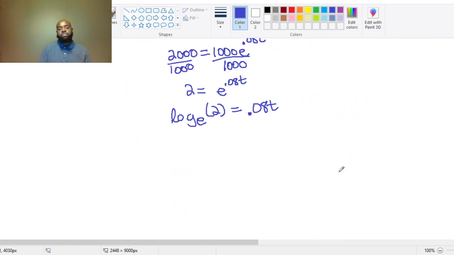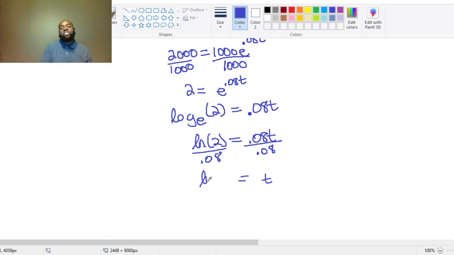So I did the log base e of 2, because that's what your exponential expression to a power equals, and that logarithmic expression is going to equal your exponent. Now we know that log base e is the natural log function. We can divide both sides by 0.08, and so we get t equals the natural log of 2 divided by 0.08.